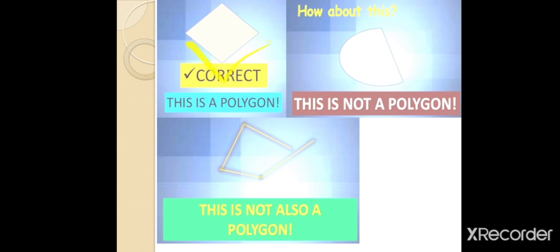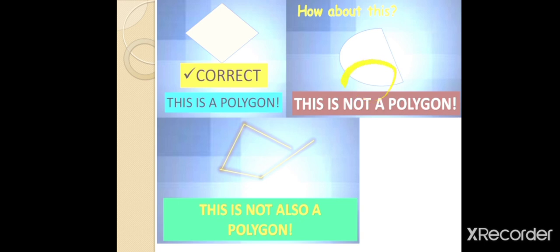It is a straight surface having area. For that purpose we have to check whether it is a closed loop or not. It is a closed loop. Whether it has 3 or more lines. Yes, it has 4 lines or edges. That's why it is correct and it is a polygon.